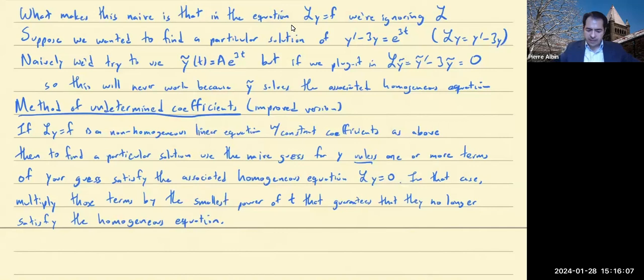Okay, so let's come back to this example. We have y prime minus 3y equals e to the 3t.